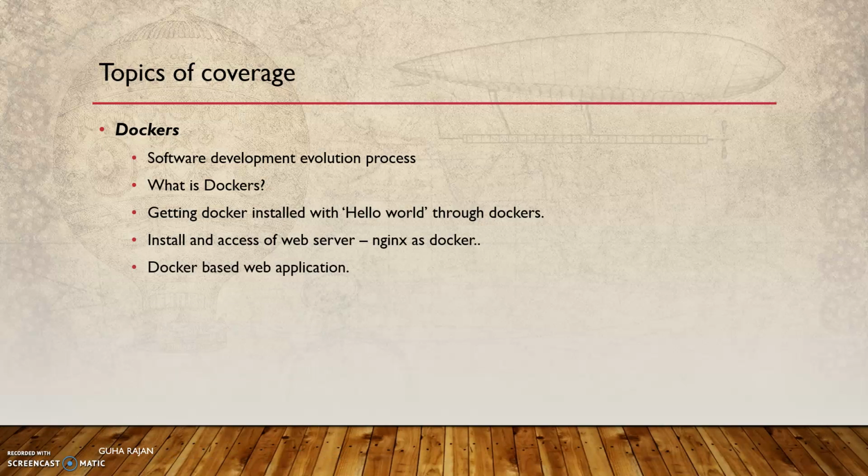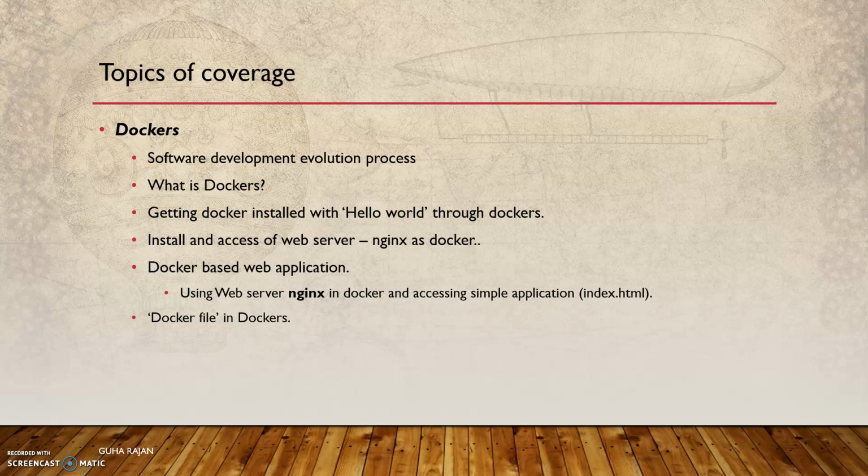And then we'll be building up a Docker based web application. So using web server Nginx in Docker and accessing a simple application. We'll create an index HTML file and see how we can access it through the browser once we have built the Docker image in a container.